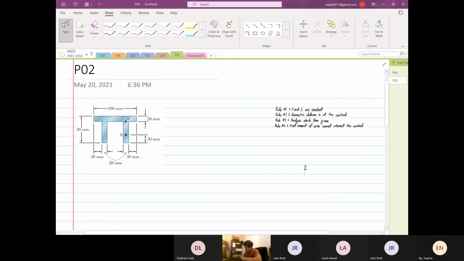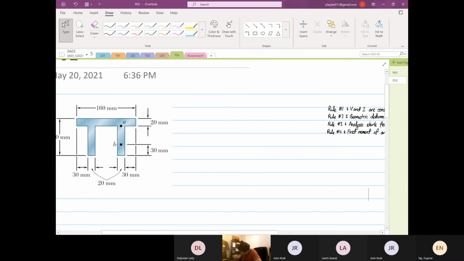Right. So we want to find the shearing stress, or shear stress, at point A. Okay.